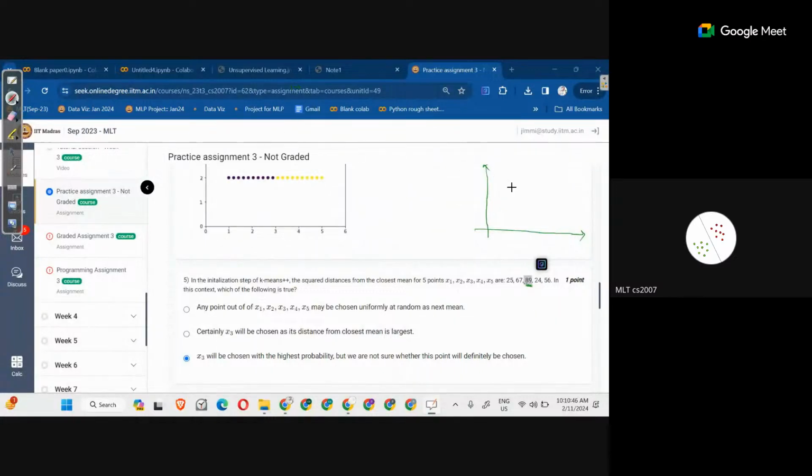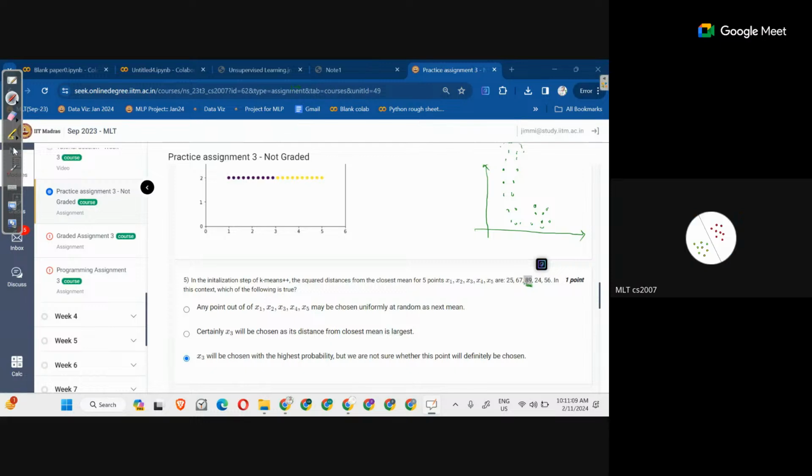For example, I'll draw one diagram. Let's say we have points like this. Normally, just by observation, you can see that we have two clusters, one cluster like this and the second cluster like this.